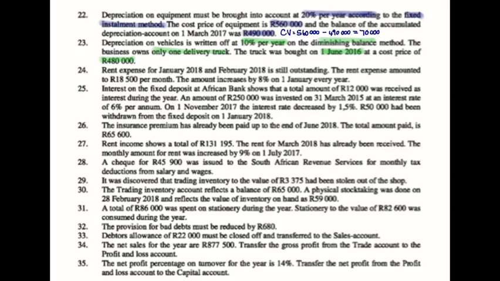Number 24, rent expense for January and February is still outstanding. So therefore it's an accrued expense, expenses payable that we are wanting. Now the rent expense was 18,500 per month, but it increased by 8% on the 1st of January.